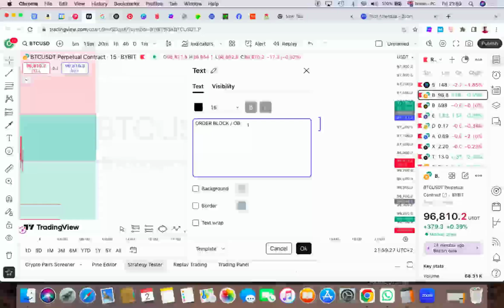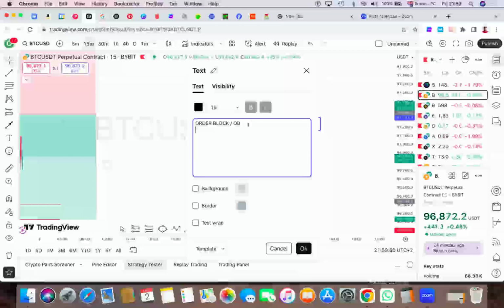Do we have anybody here who can tell us what's a break of structure? Is there anybody who can recall what a break of structure is, and what defines a break of structure? To have an order block, you have to have a valid break of structure.